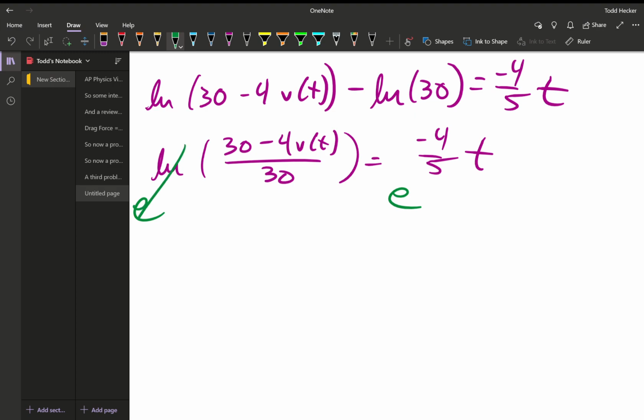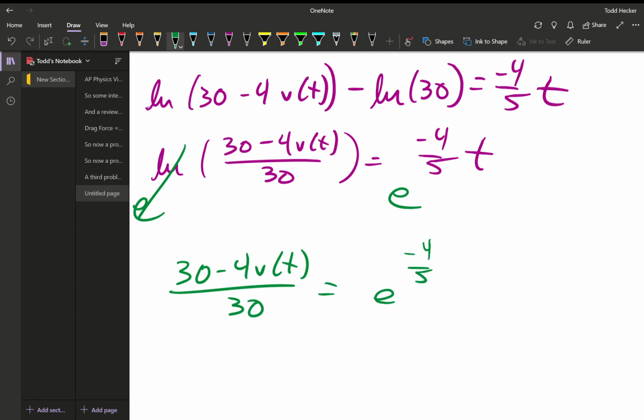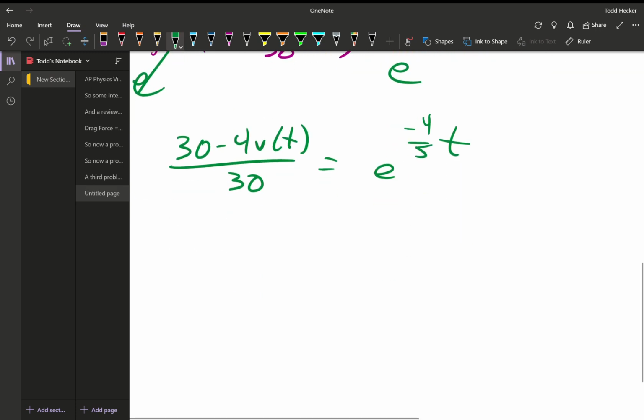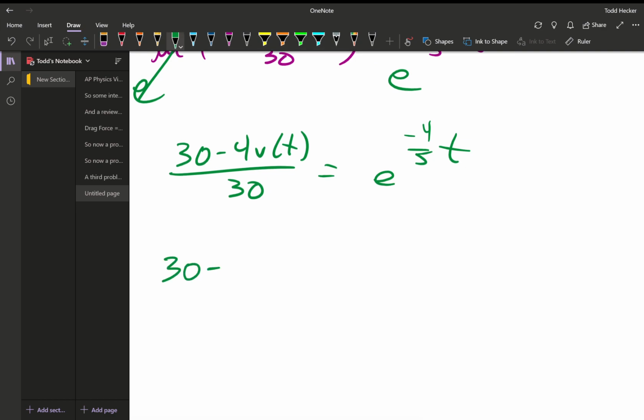So these cancel, and now I've got (30 minus 4v of t) over 30 equals e to the negative 4/5 t. We're trying to solve for v of t, so I multiply both sides by 30. So 30 minus 4v of t equals 30 e to the negative 4/5 t.